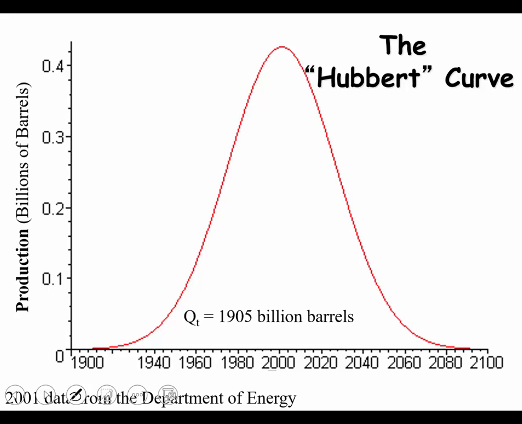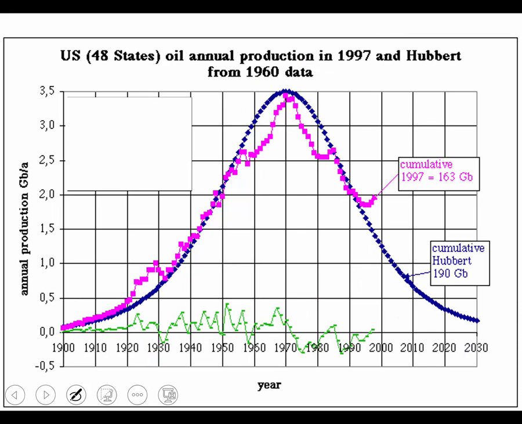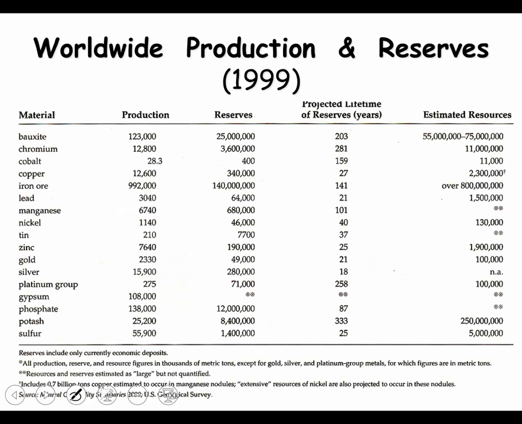Okay. Now, one of the issues that we talked about addressing this problem, though, is the Hubbert curve. The Hubbert curve argues that there is a fixed volume of producible reserves of any non-renewable resource, and that it will eventually peak and decrease. Okay, and that was supported by oil production through about 1997.